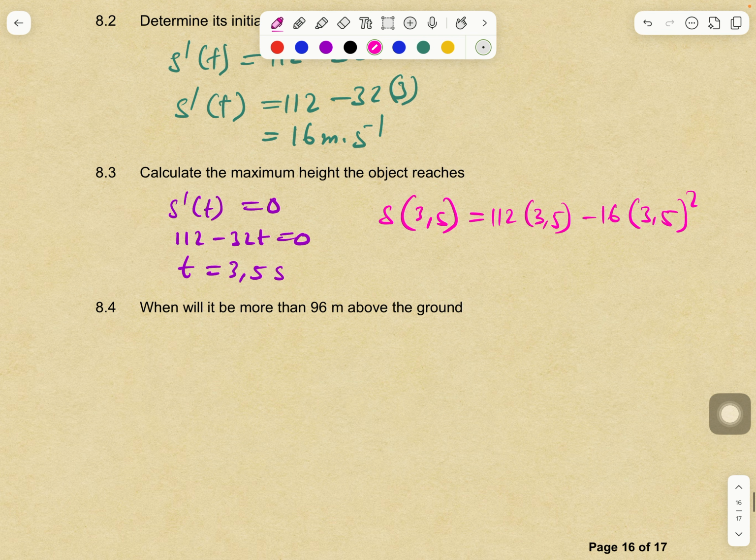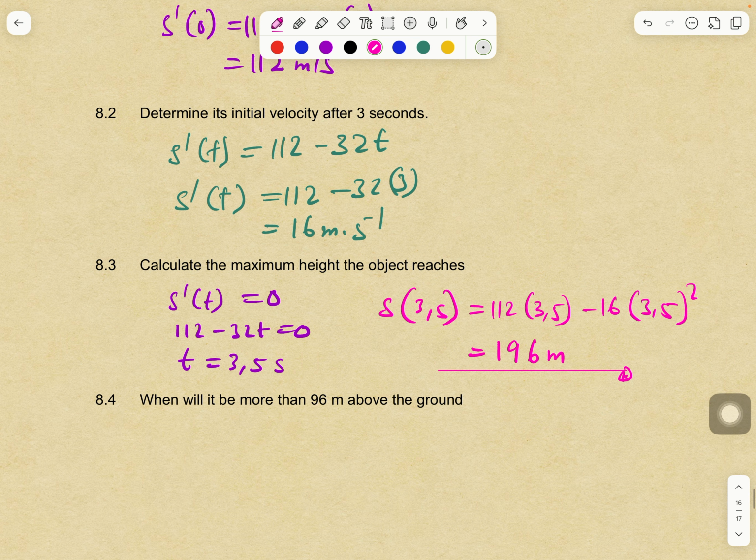It was 16t squared. So we just need to use our calculator wisely. And if we do that, we get 196 meters, because that is the height. We get 196 meters.